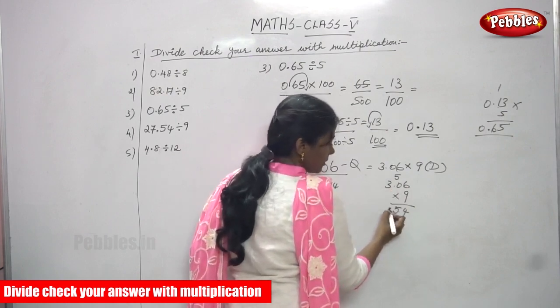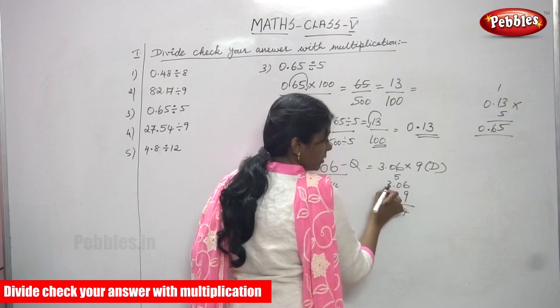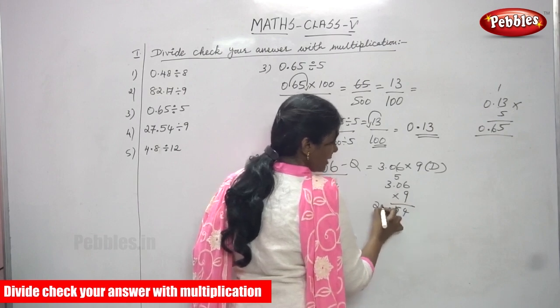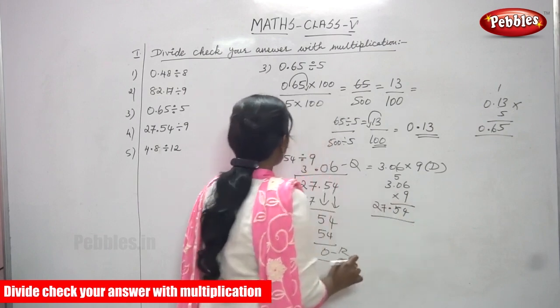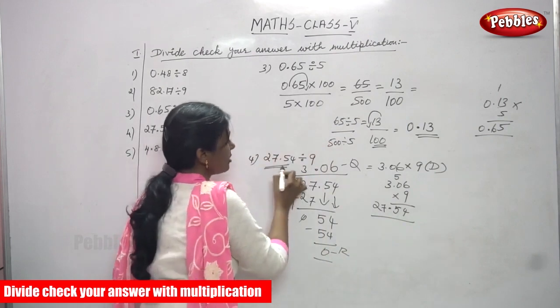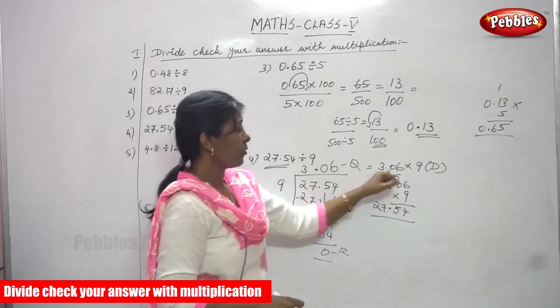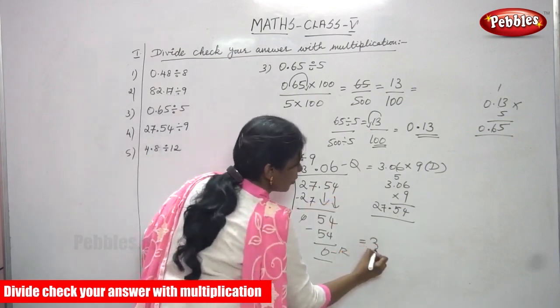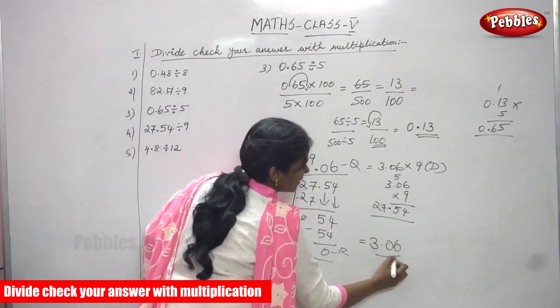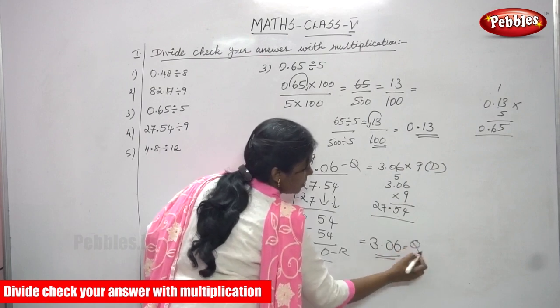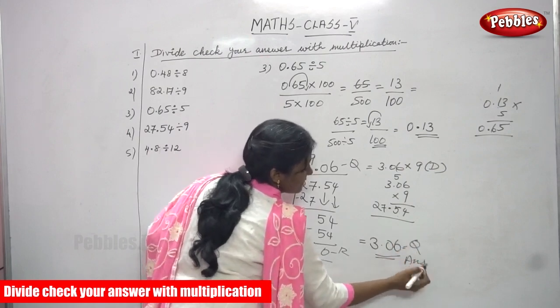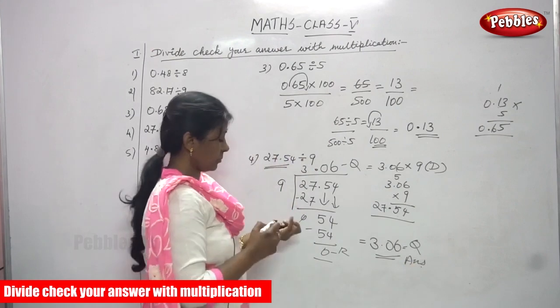After that you must put a point. Then 3 into 9 you can get 27. The answer is 27.54. You got the question. So you find out the answer, that is 3.06. That's quotient is equal to quotient. This answer is exactly right.